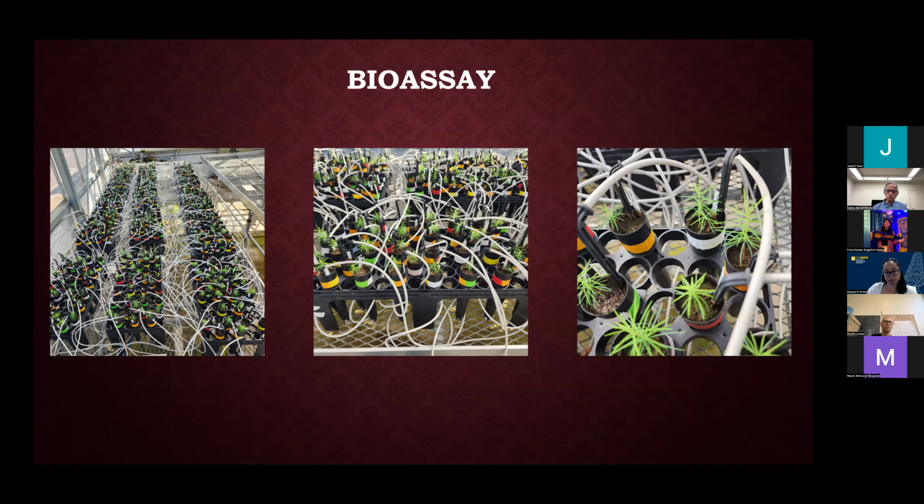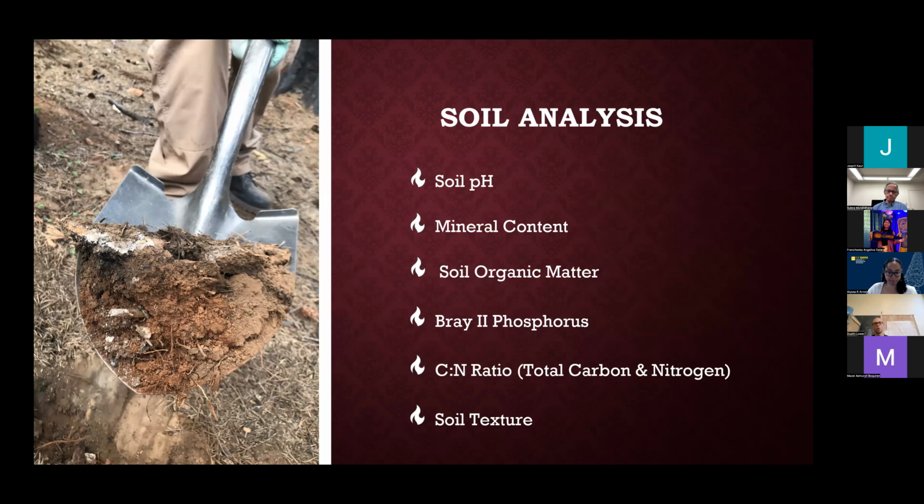And since I'm doing mycorrhizal research, we had to wait at least 9 months to really be sure that the mycorrhizae had colonized the roots. So in the meantime, we did some soil analysis, looking into soil pH, because fungi typically prefer slightly acidic soil.